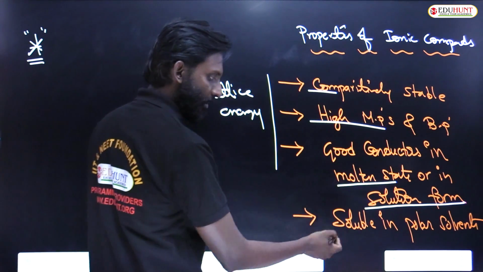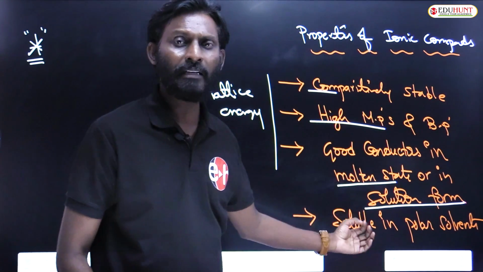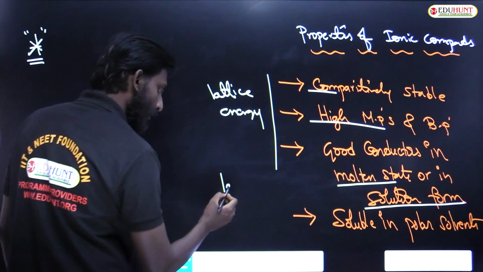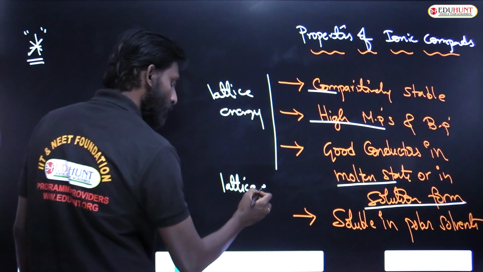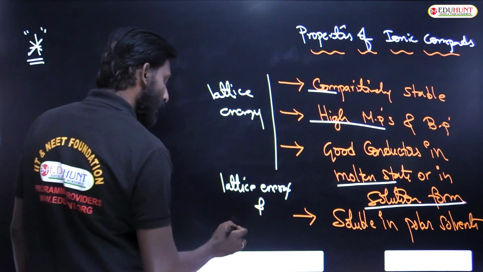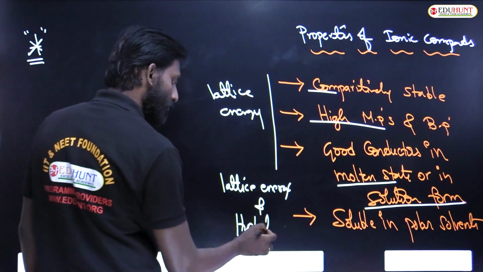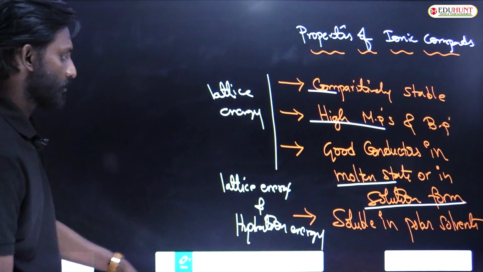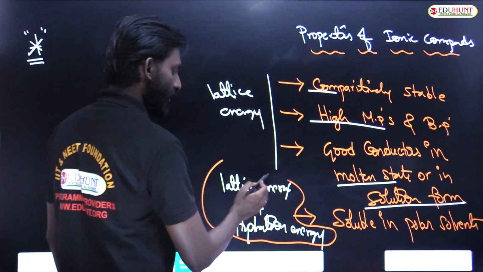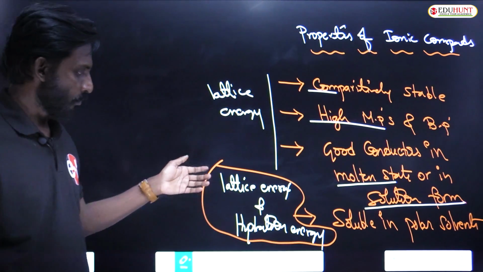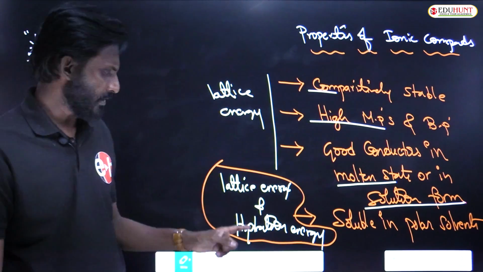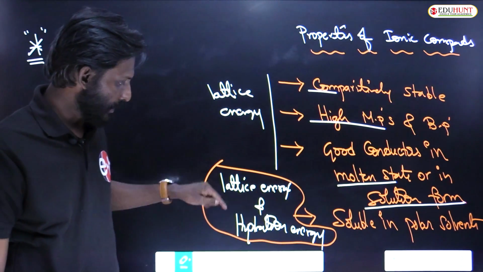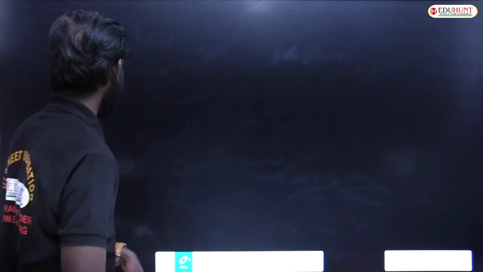But the solubility of ionic compounds in polar solvent is going to depend upon two factors: lattice energy and hydration energy. We discussed what is lattice energy, but now I am going to discuss lattice energy and hydration energy comparatively.